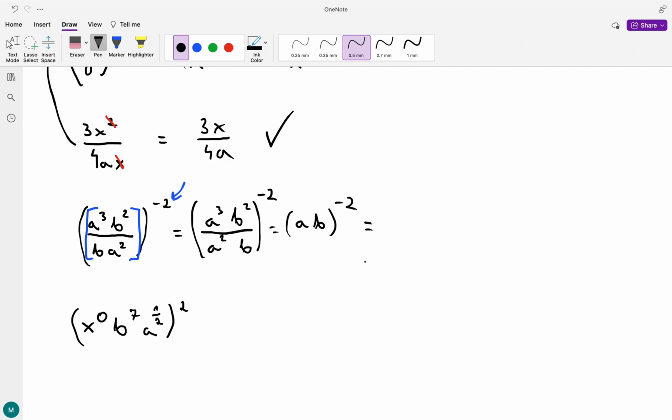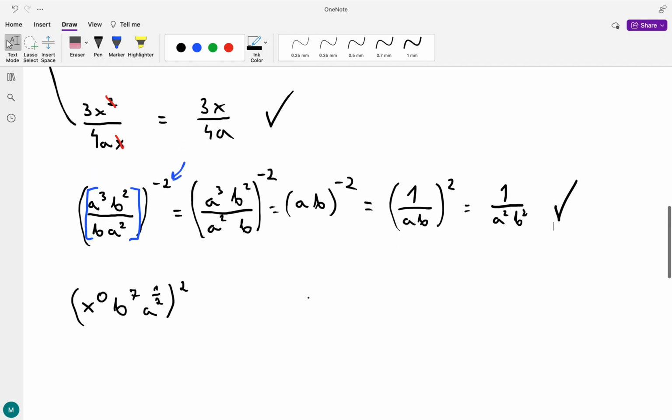Okay, so let's apply the negative power first. So we're going to have 1 over a times b squared. And when we square different bases, we apply the exponent to all of the bases, all of the variables. So it's 1 squared, which is just 1, divided by a squared b squared. Done. That's the simplest form we can obtain.